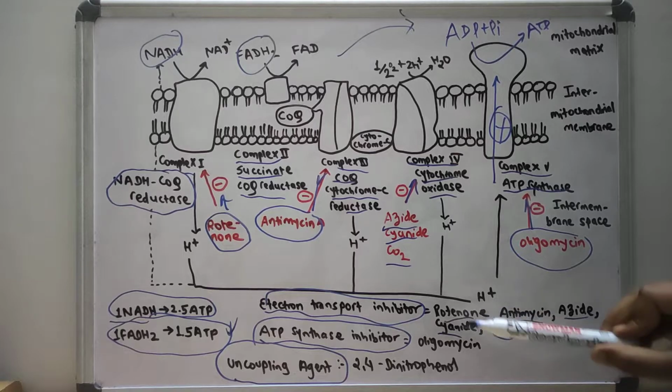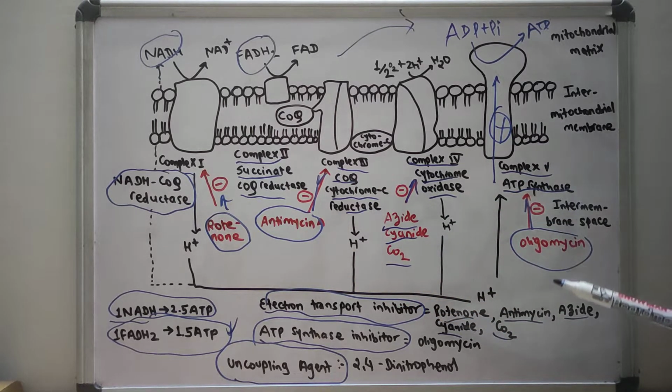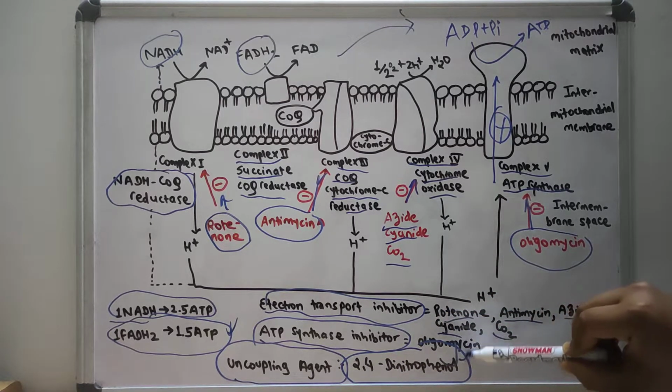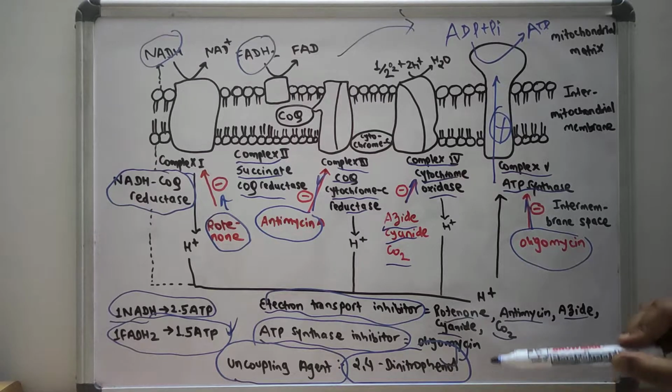Although the electron transport is continuous, the synthesis of ATP at the last step is stopped. The uncoupling agent is 2,4 dinitrophenol, and aspirin overdose also acts as an uncoupling agent.